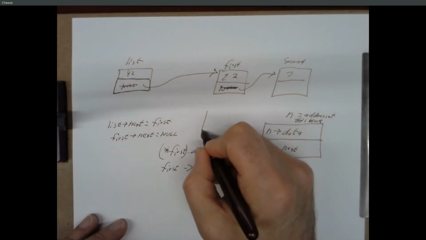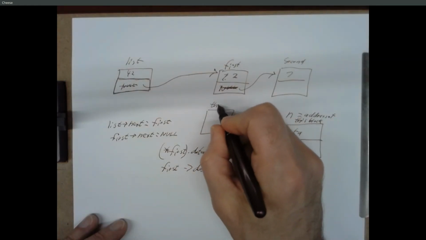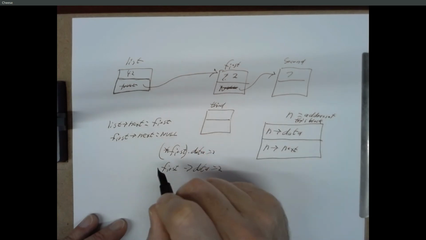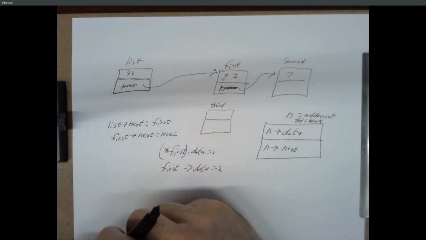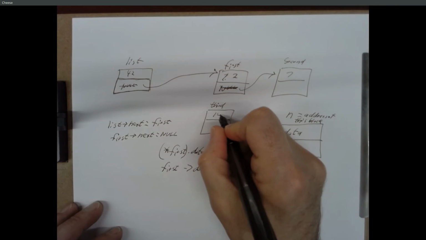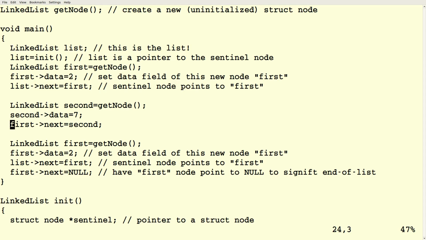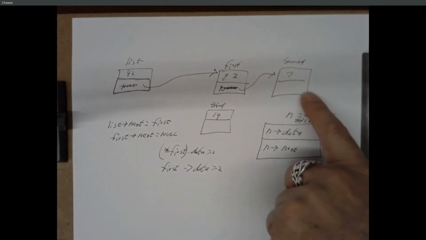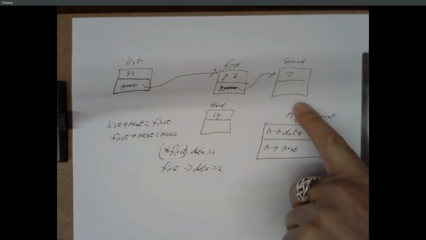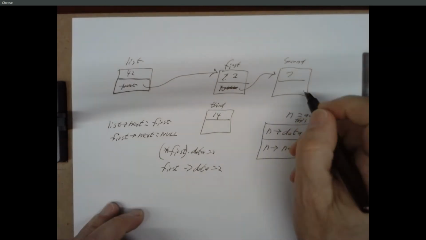All right, well, you know what's coming next. We're going to make a third node. So what's our data value here? 14. So third is get node, third data is 14, and we want our second node to point to our third, so second next should equal third.